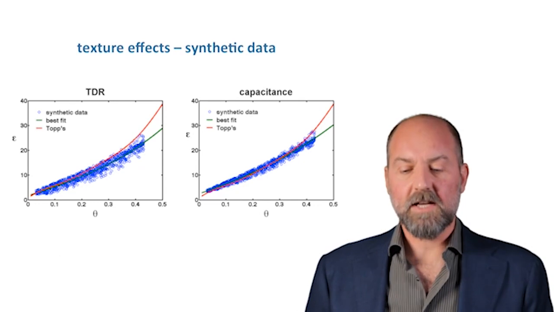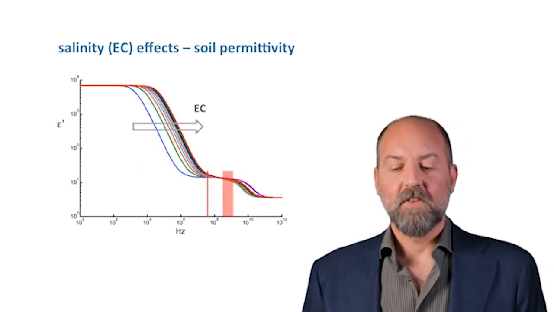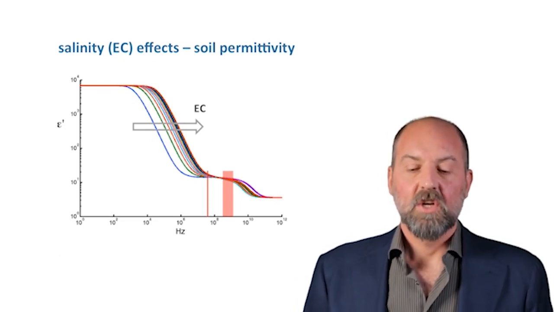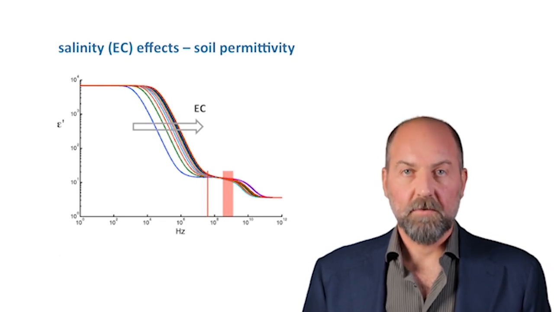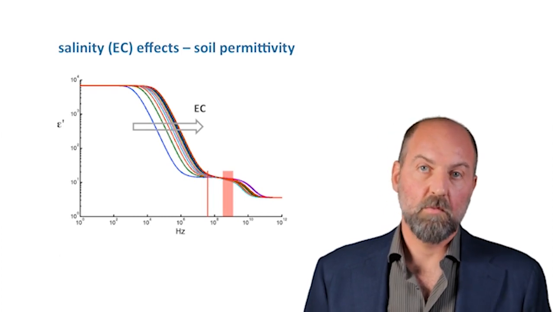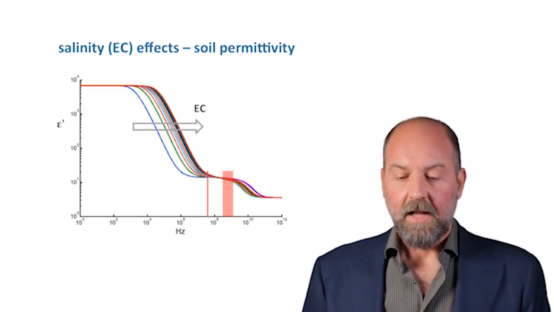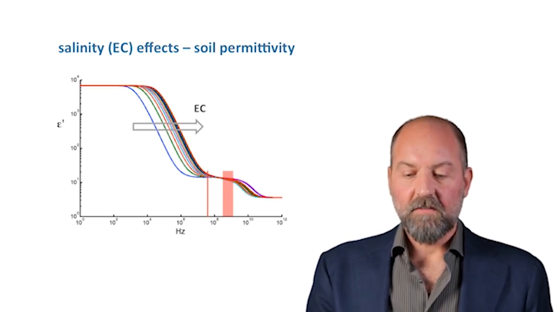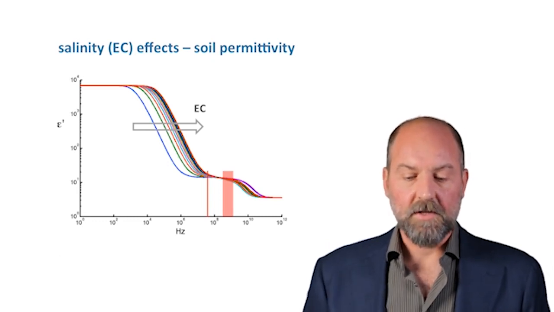Now let us examine the remaining additional factor. Let's begin with the salinity effects, or with the variability in soil electrical conductivity due to water content or to solute variations. Now, the effect of varying sample electrical conductivity is rather clear.